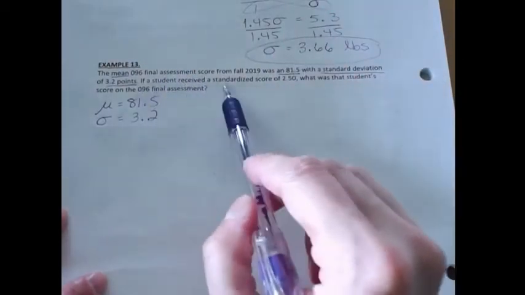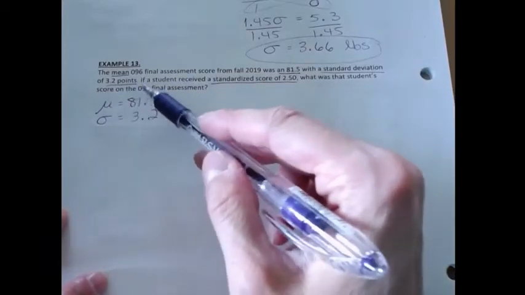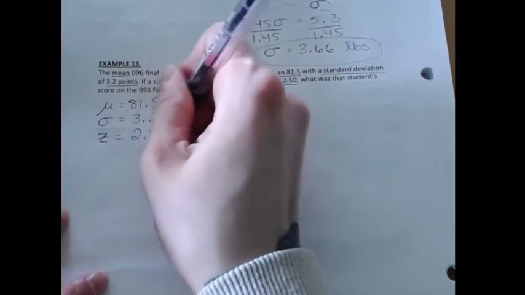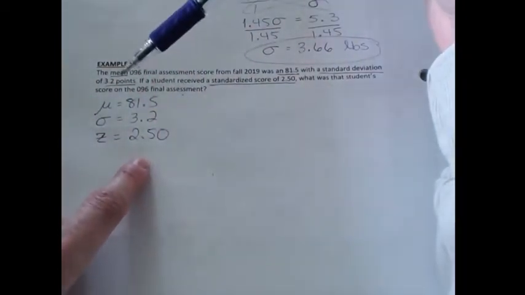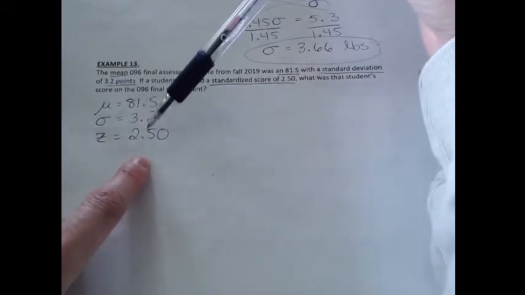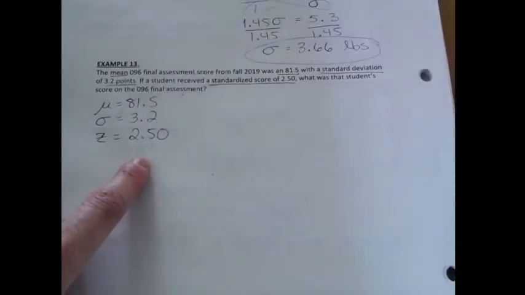If a student received a standardized score of 2.50, what was that student's score on the 096 final assessment? Standardized score refers to your z-score, and the z-score is 2.50. I want you to recognize right now that because that student got a z-score of 2.50, it's in the upper part of our normal curve.